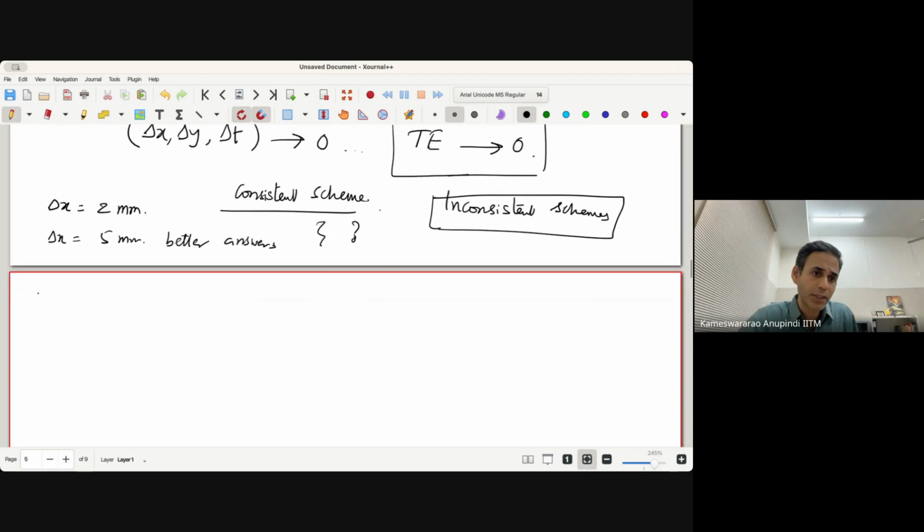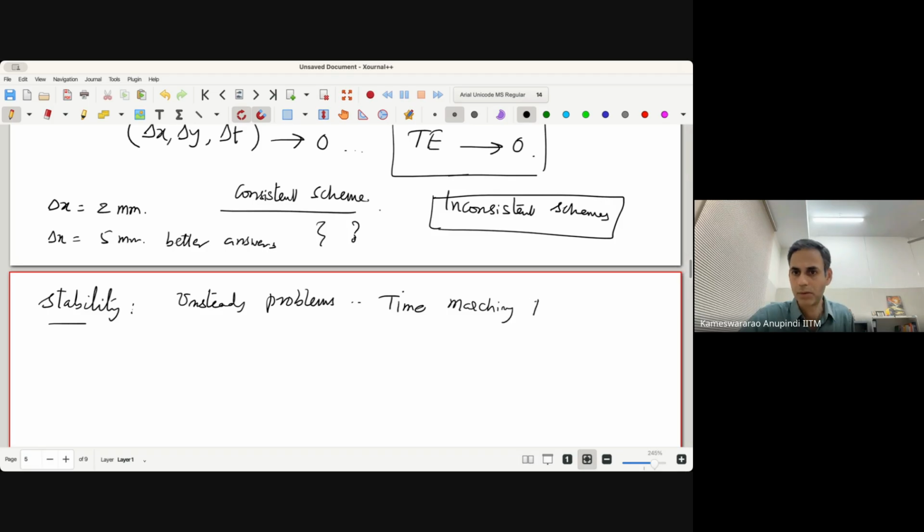Then let us look at something that is known as stability. Stability is usually applied for unsteady problems, also known as time marching problems. It is also applied essentially to problems where there are iterative solutions. We're going to apply the stability concept.